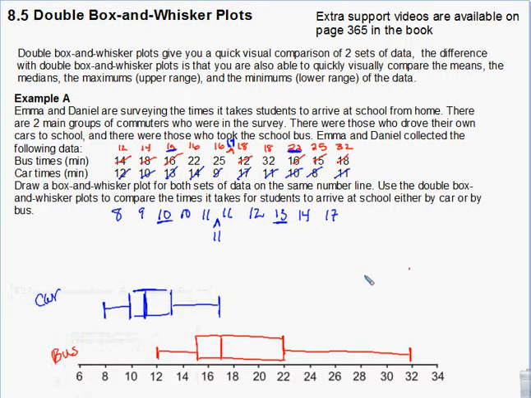But when I look at this, I can say, okay, if I'm looking at the times it takes, car versus bus, car is much faster, obviously. And then you also have a shorter variation of times with the car riders versus the bus riders. All that stuff, so. Everybody got it?